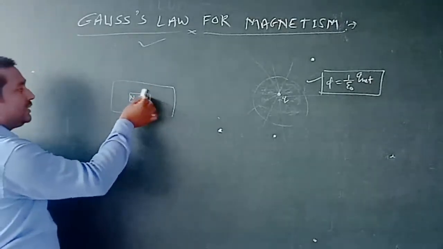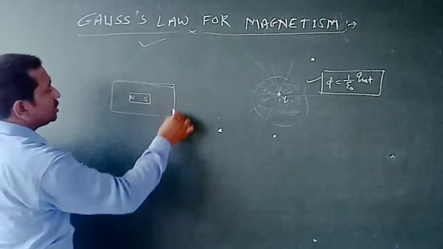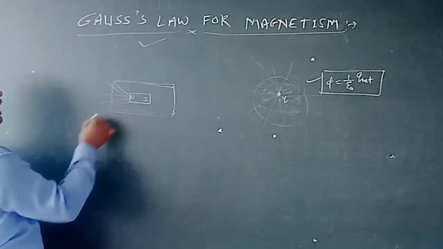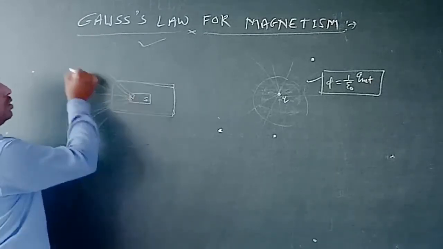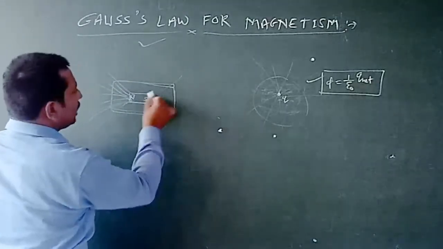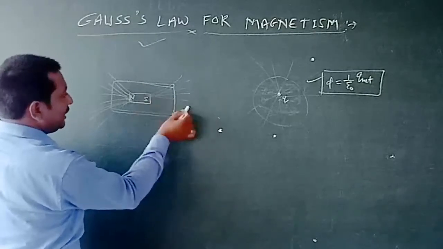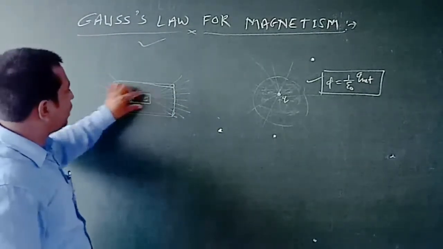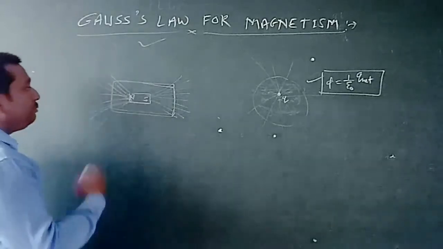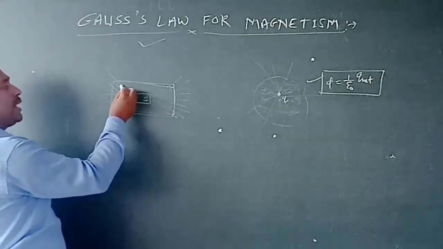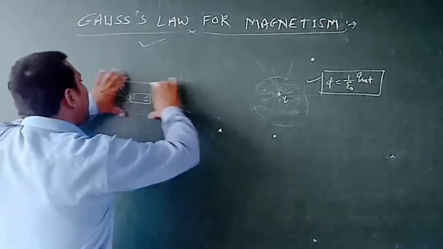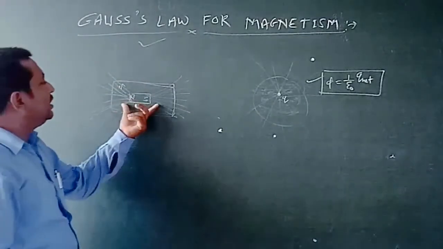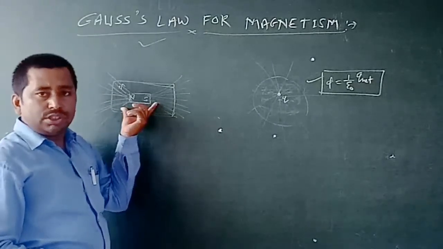If there is a dipole present in this closed surface, then the total number of magnetic field lines emerging out from this north pole will be equal to the total number of magnetic field lines entering to the south pole of the magnet. So if we calculate the total number of magnetic field lines emerging out or entering into the surface, then we get this will always be equal to 0.